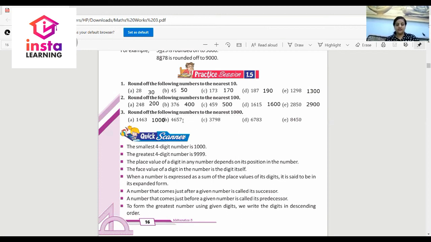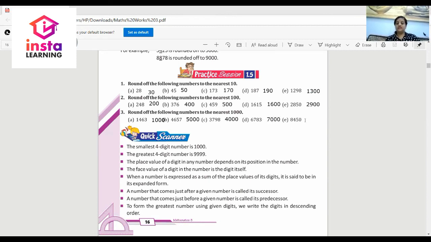Okay, next is 4657. So it is going to be added. It will be 5000. Why? Because it is 6 at the 100 place. 3798, it means it is going to be 4000 because it is 7 at the 100 place. 6783 means 7 is bigger than 5, bigger than 4 and bigger than the middle number, so it is going to be 7000.